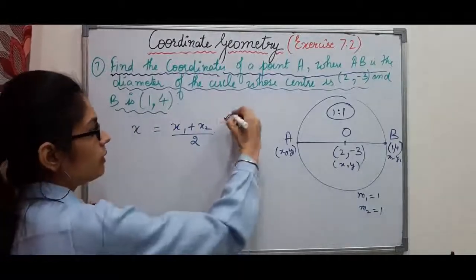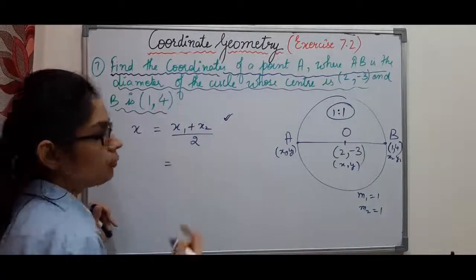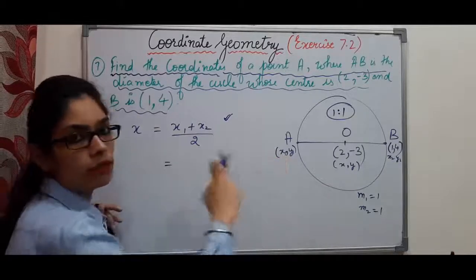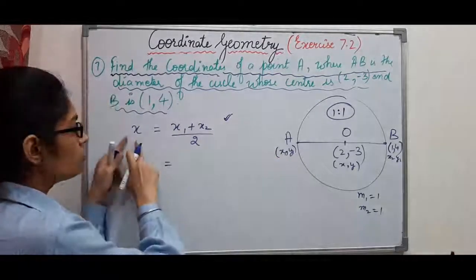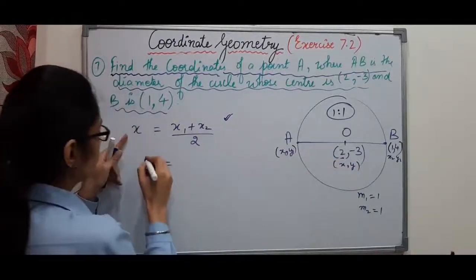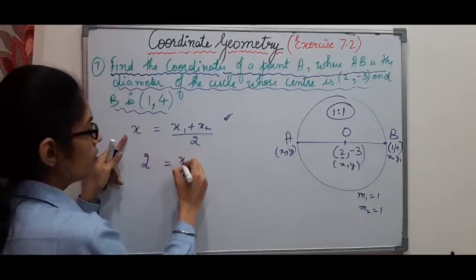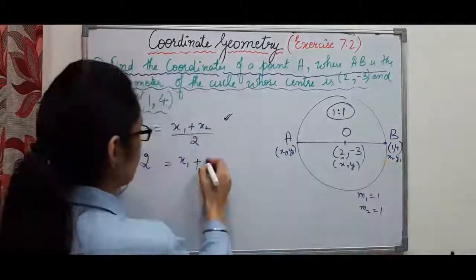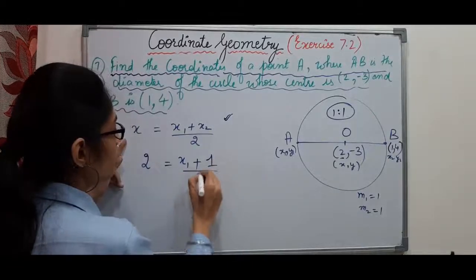So in that case we can use this formula. Now let's substitute the values. You have to remember one thing, we have to find the value of x1. So x is already given to us. X is 2, so we'll write 2 here. x1 we have to find. x2 is also given to us, which is 1, and upon 2.